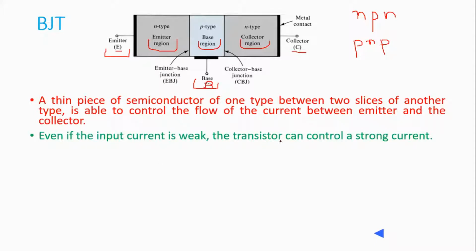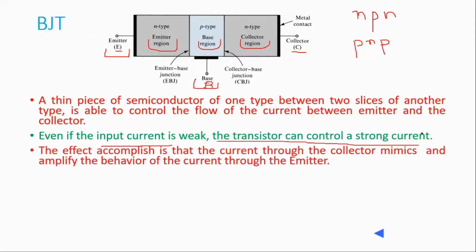Even if the input current is weak, the transistor can control a strong current. That can be discussed later on in the coming slides. The effect accomplished is that the current through the collector mimics and amplifies the behavior of the current through the emitter.